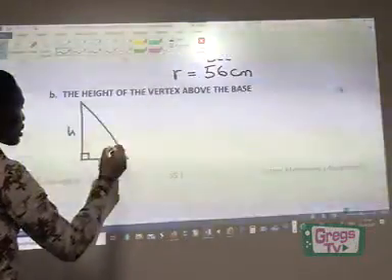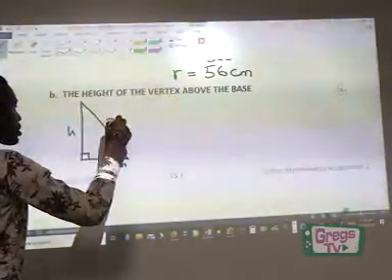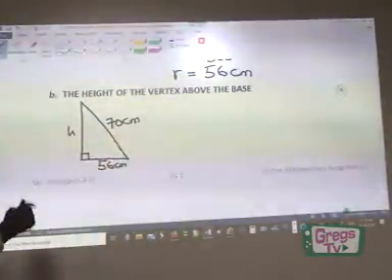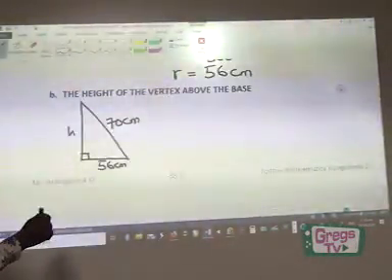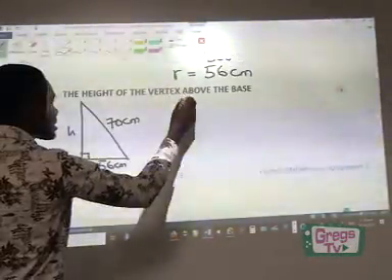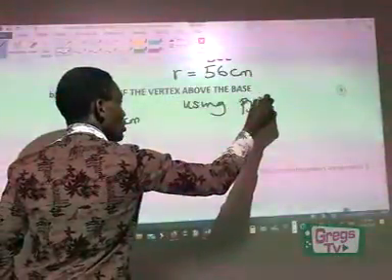As you can see, we've calculated it here. And the slant height was 70 centimeters because the radius of the sector automatically is the slant height of the cone.